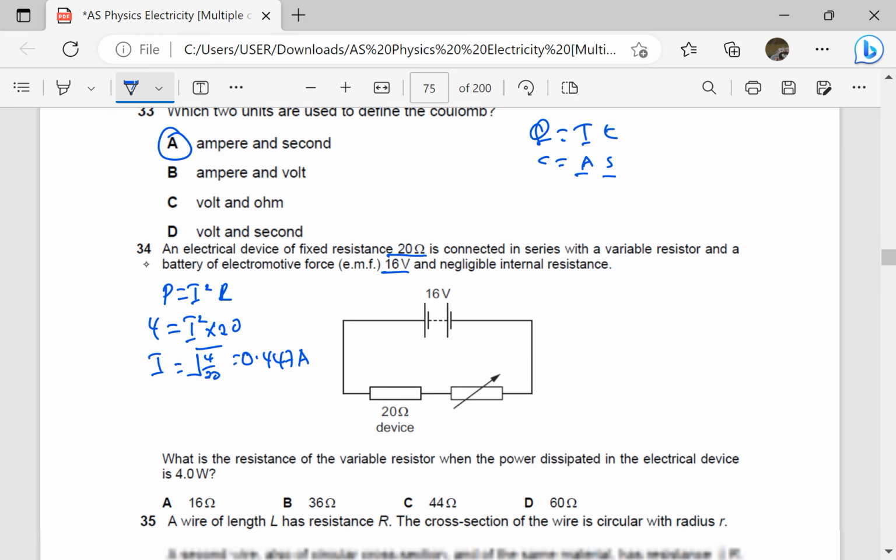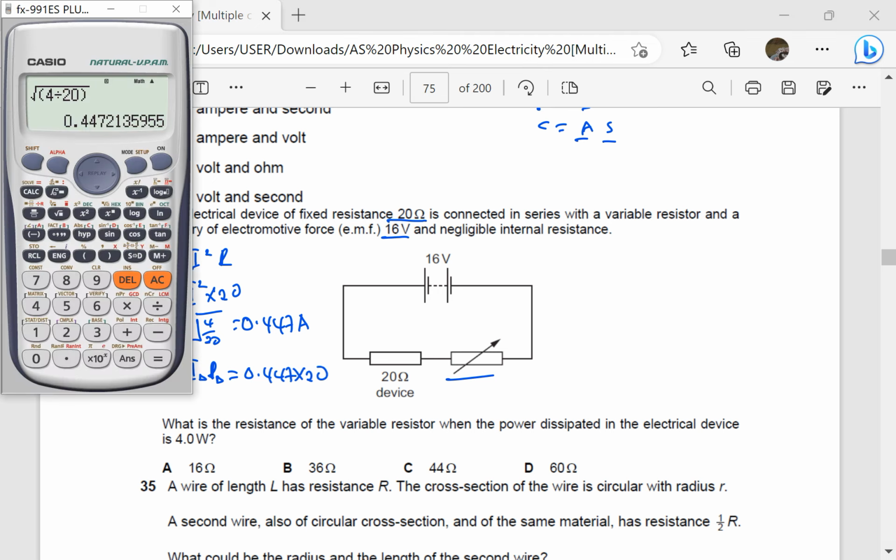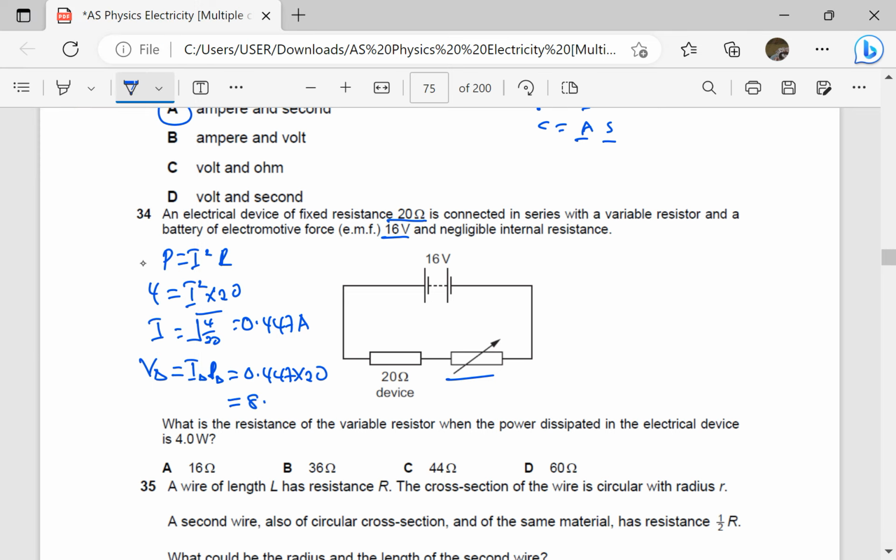It is, of course, the same current here and the same current there. We can find the PD across the device also. PD across the device is going to be the current in the device times the resistance of the device, so 0.447 times 20, which is 8.94 volts.